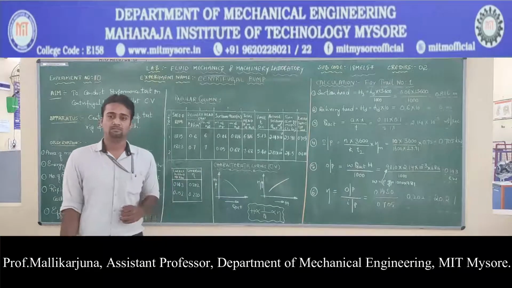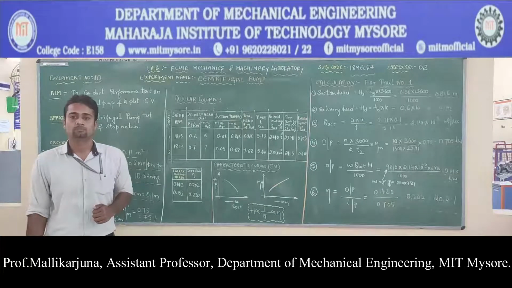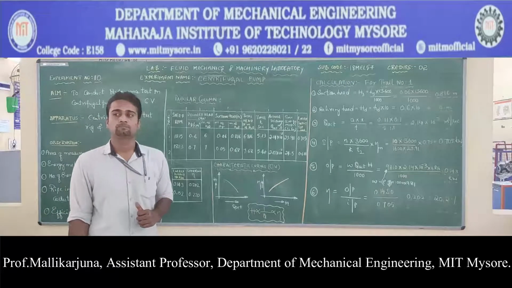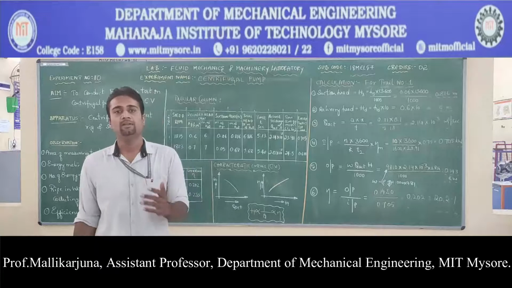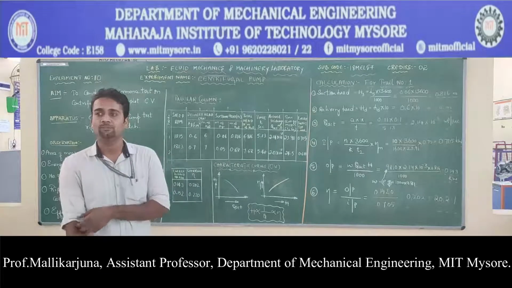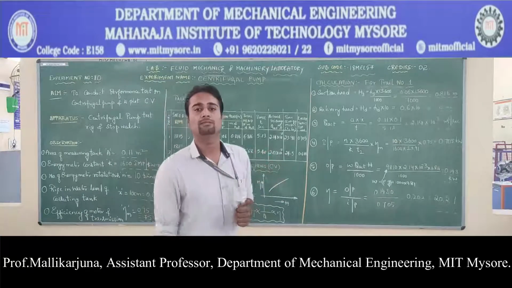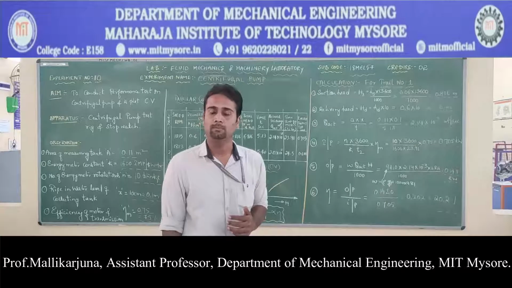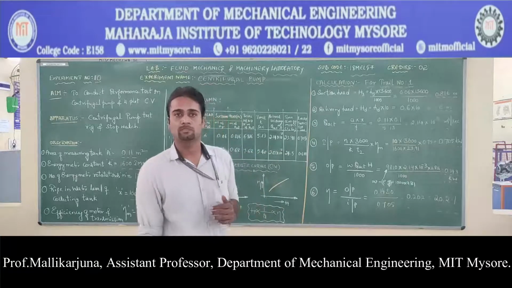Next question is, what is cavitation and what are its causes and effects? Also explain how cavitation can be avoided. The question is regarding the cavitation, its effects and how to avoid it. Cavitation is the process of bursting of the bubbles which are formed in the passage of the centrifugal pump. What is the reason for the formation of the bubbles? Let us look at this.